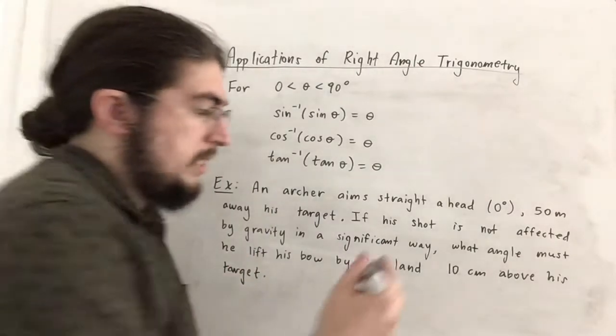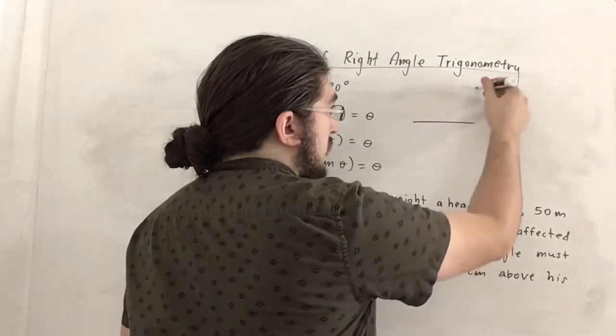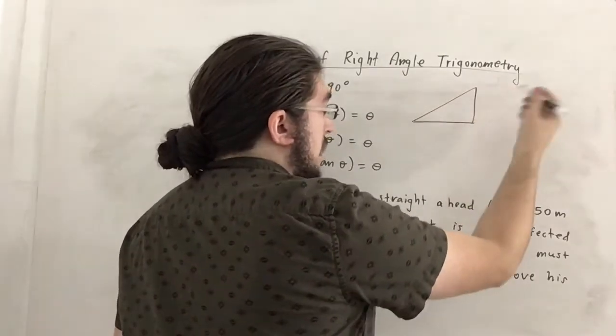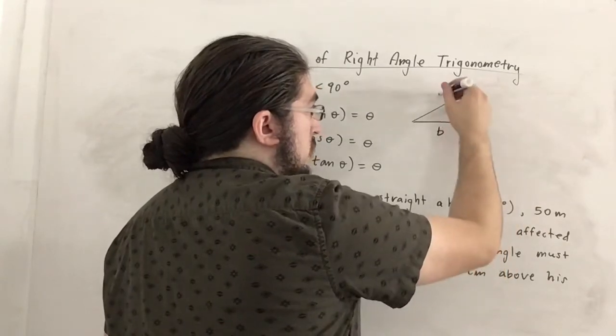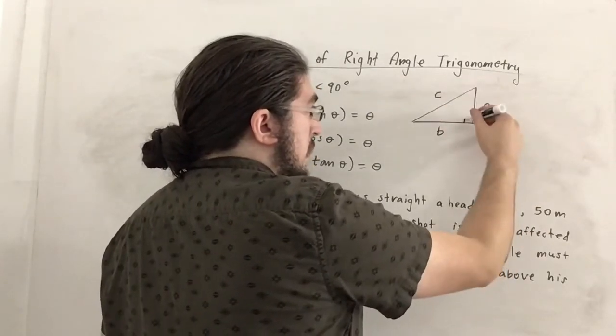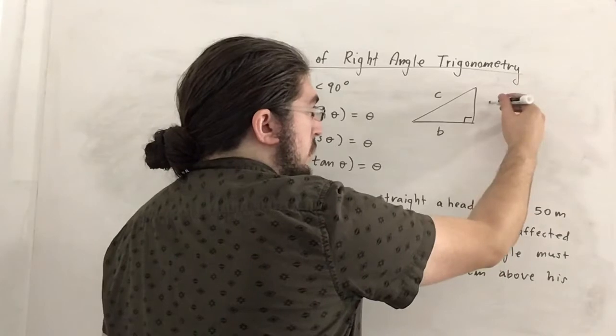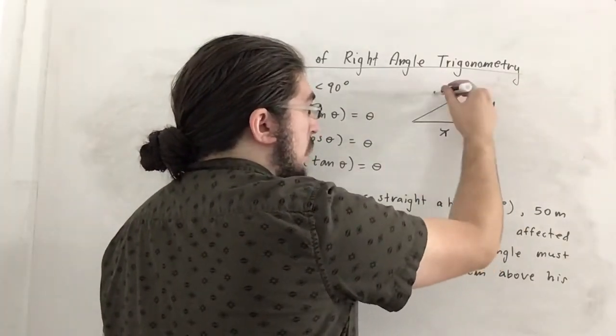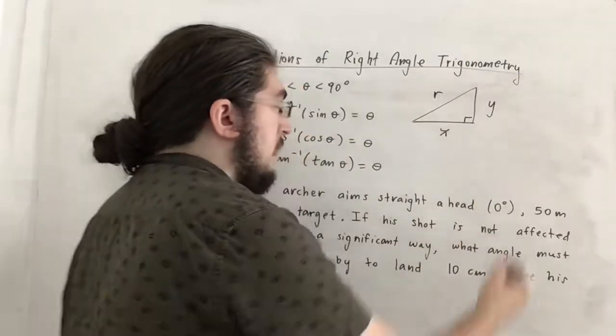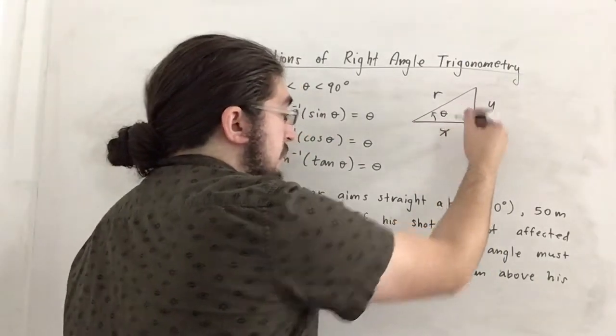So, for instance, just to give you this idea, let's say in particular we had triangle ABC, and maybe we should use the notation I've given you before. So let's say it's XYR instead, and we have this angle theta.